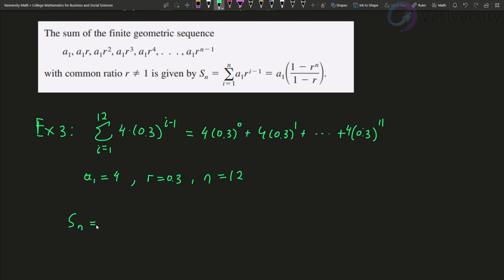So s sub n is equal to a1 times 1 minus r to the n over 1 minus r. That's equal to 4 times 1 minus 0.3 to the power of 12 over 1 minus 0.3.